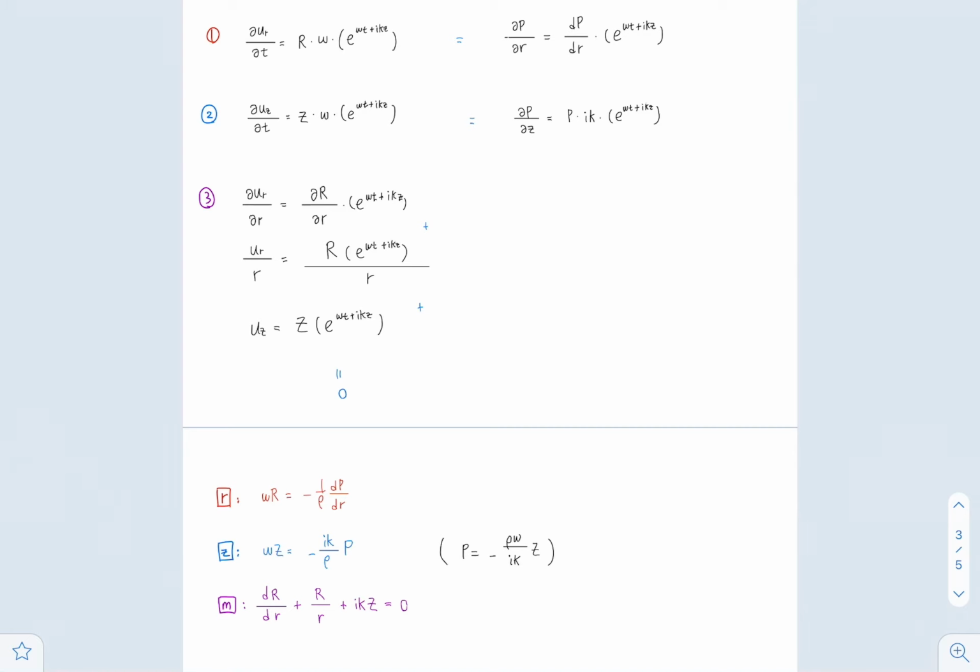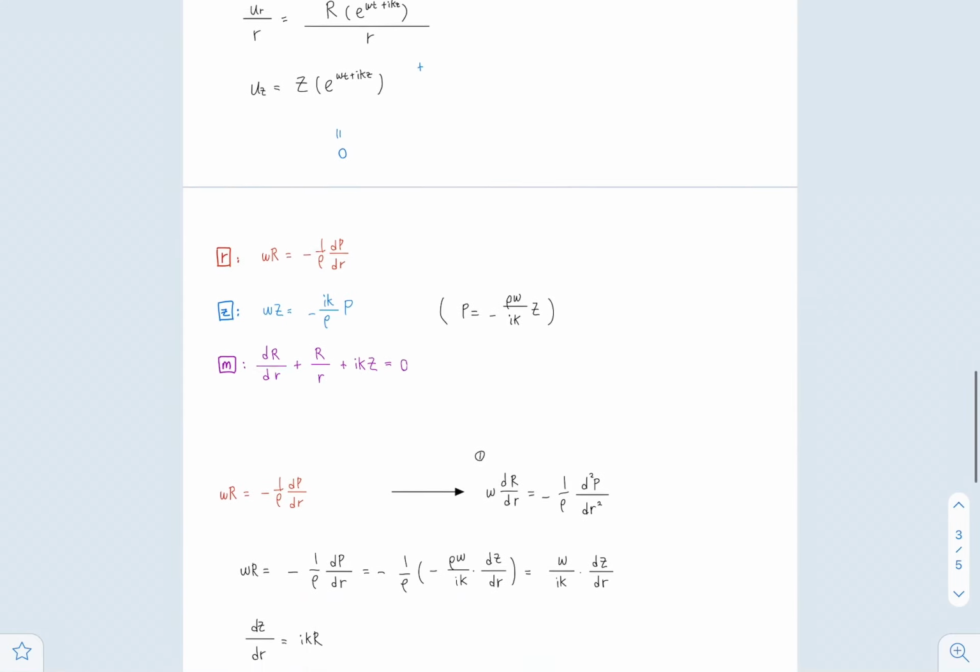And when you just intuitively look at this equation, you see that in the m equation, the mass conservation, we have a term related to z, and in the r direction, we have this dp dr term. So using this z, we are going to unite these two equations of r and m, which is going to be the most quintessential important step of our solving procedure.